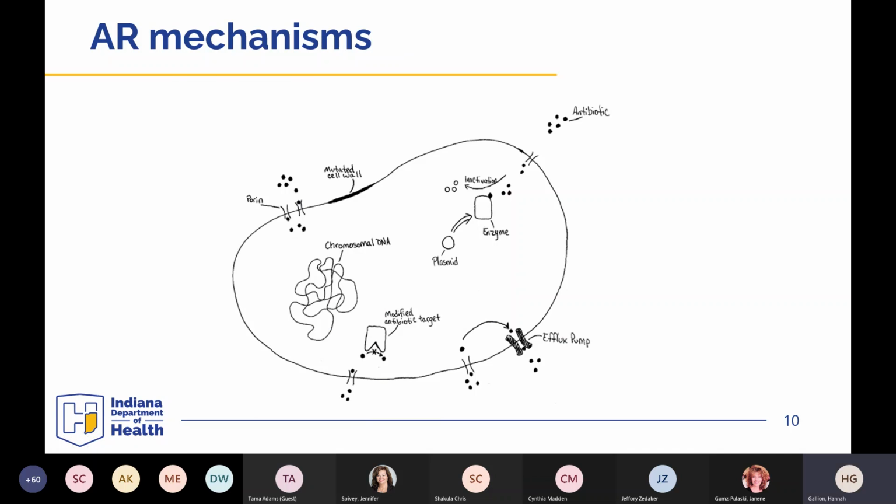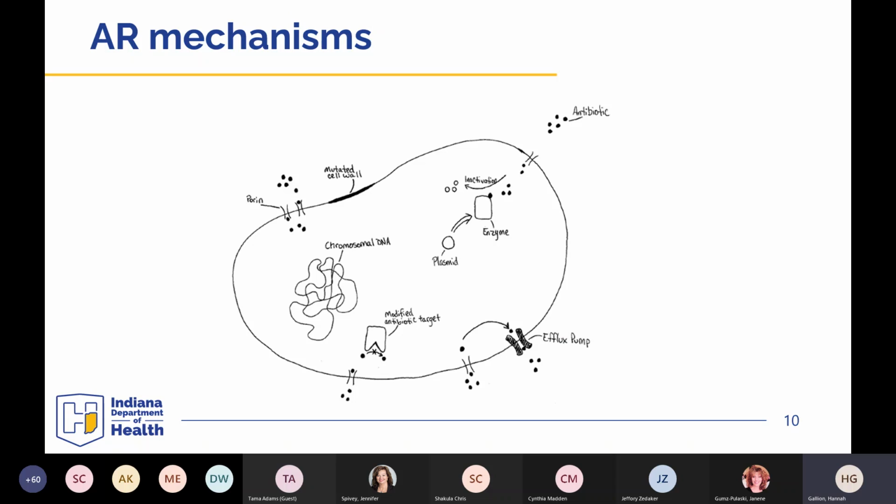There are 5 resistance mechanisms that are often seen in bacteria. The first is a penicillin binding protein modification. Penicillin binding proteins are involved in the development of the cell wall, and antibiotics can target this as an active site. Bacteria can then modify that penicillin binding protein and confer resistance to the antibiotics.